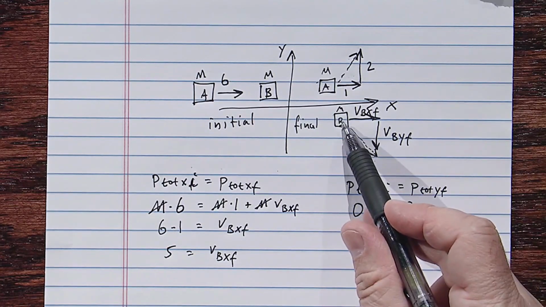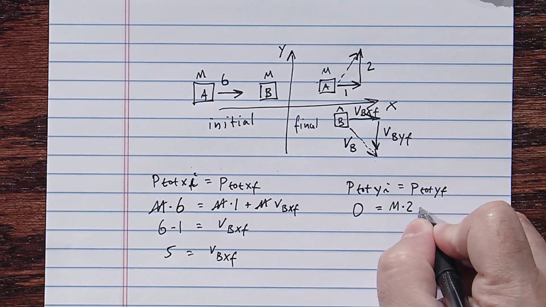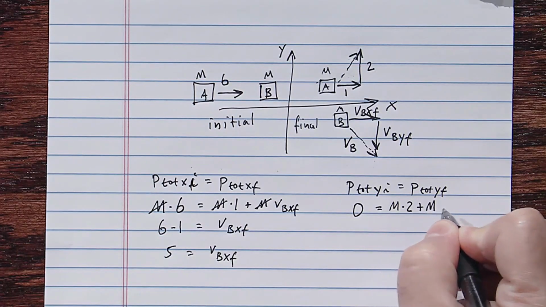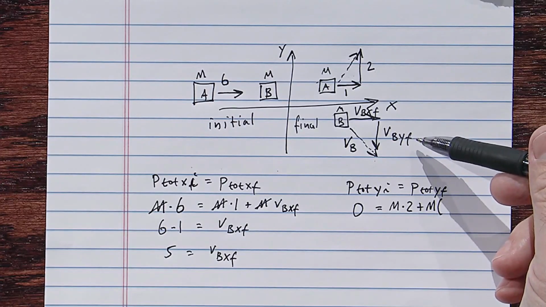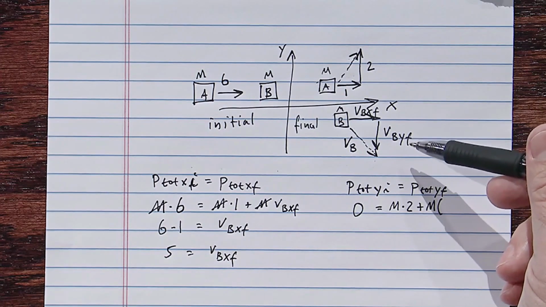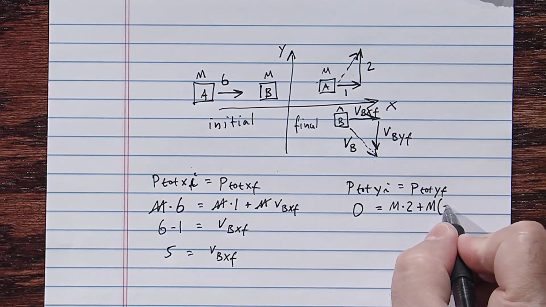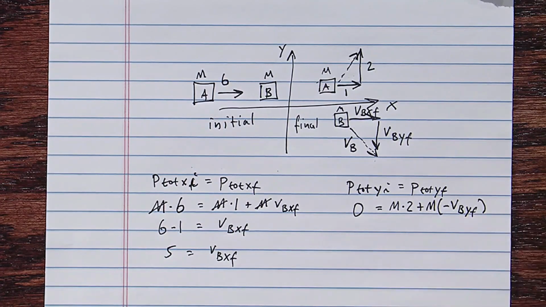And then for block B, we have mass m moving with a V_B_y final in the negative y direction. And a velocity in the negative y direction is different than a velocity in the positive y direction. So we have to write a negative sign for that. So negative V_B_y final.